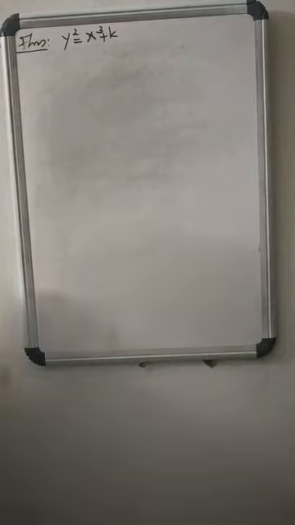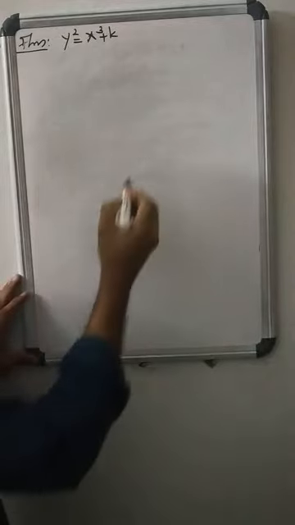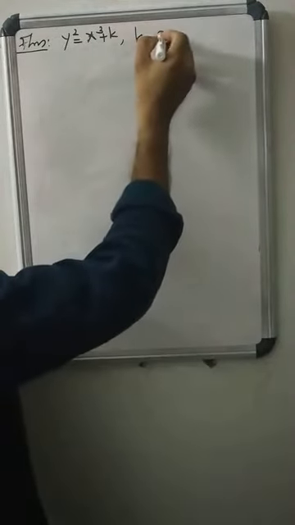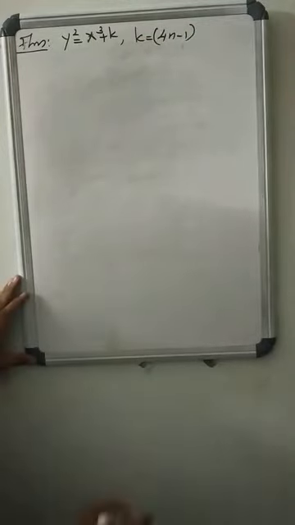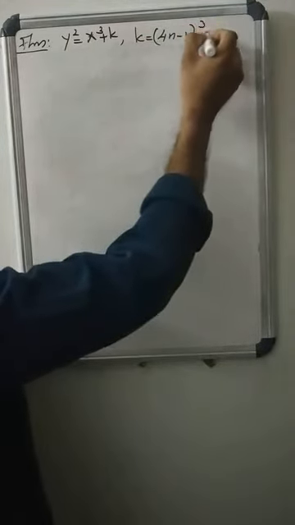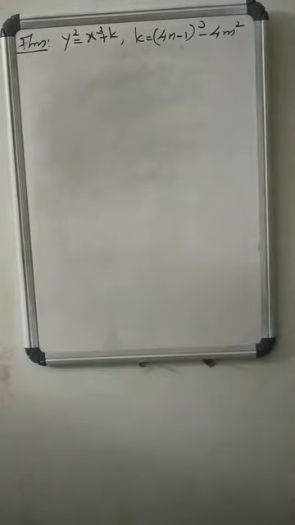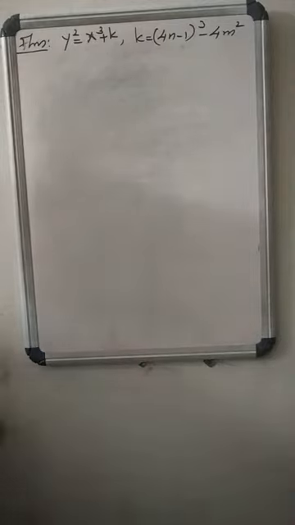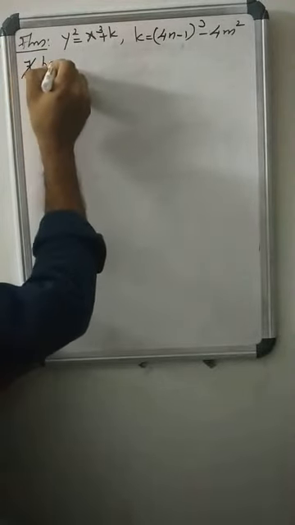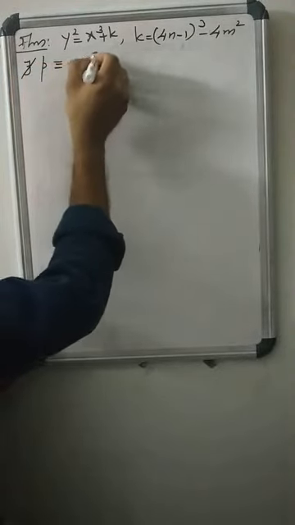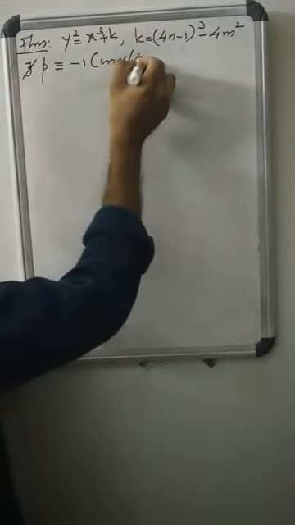if k is of the form k equals (4n minus 1) whole cube minus 4m square, where m and n are integers, such that there does not exist a prime p congruent to minus 1 mod 4.